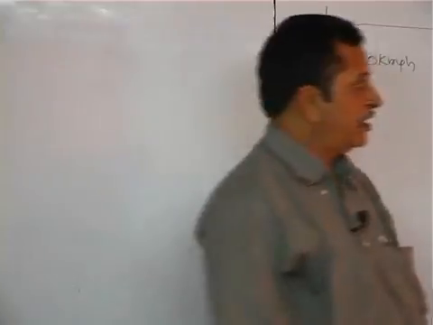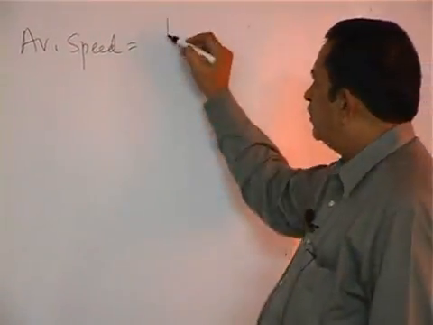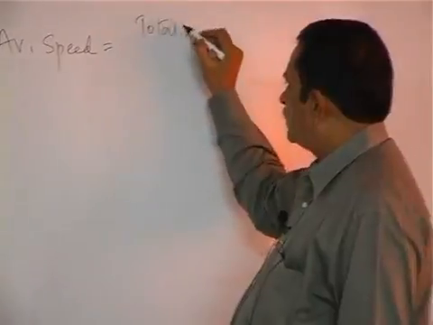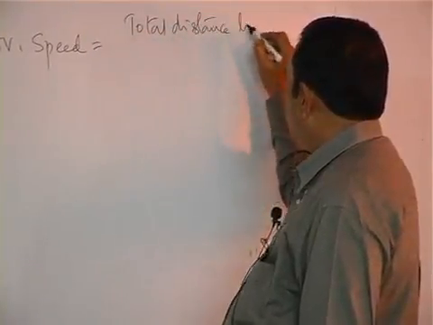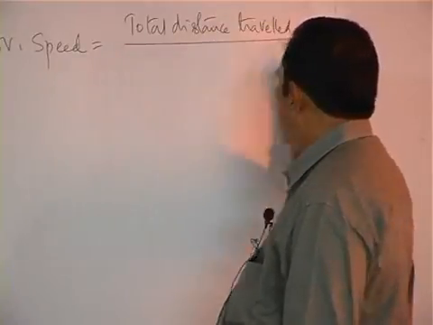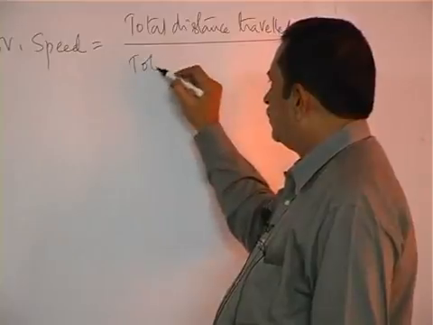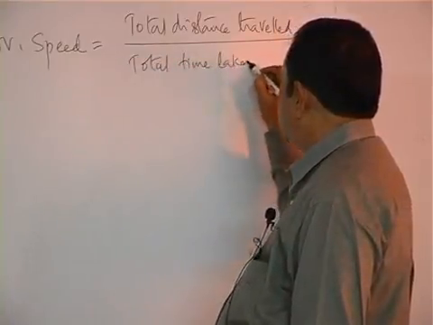Actually, average speed means we have two formulae. Average speed means total distance traveled by total time taken. This is the formula.